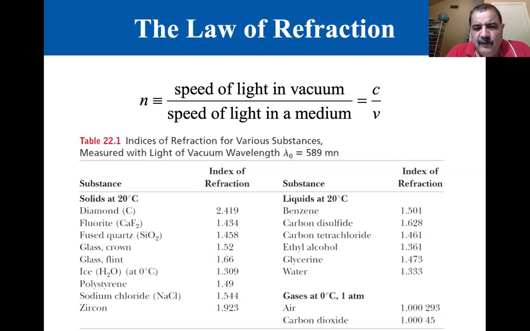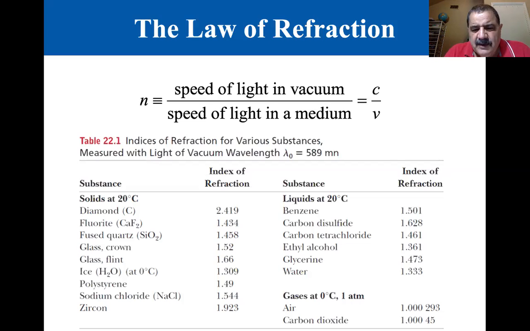So diamond is 2.419. Another high one is zircon, 2.923. Of the solids, the lowest is ice, 1.309. Let's look at the liquids. Water is about 1.33. The highest one looks like carbon disulfide, 1.628.